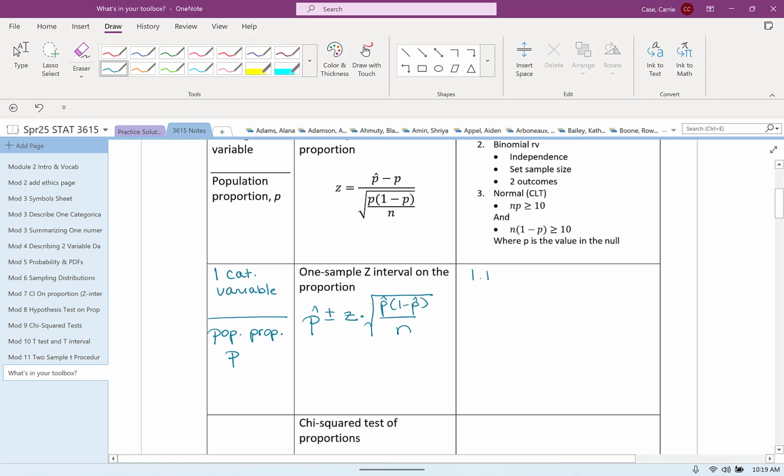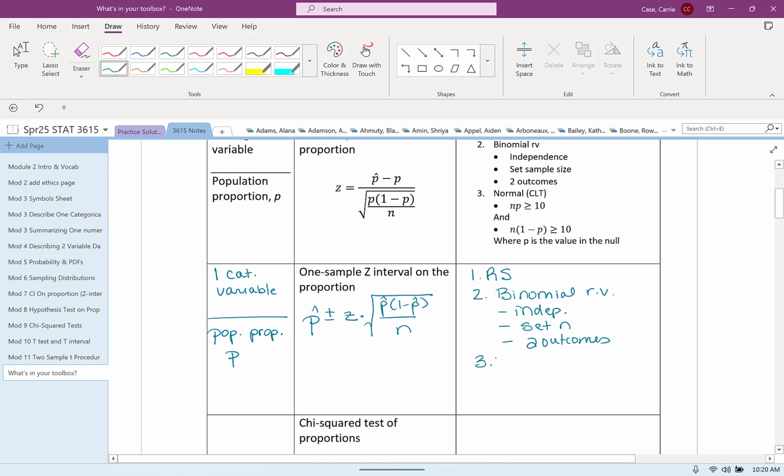We have a random sample of our categorical data. We do still have to have a binomial random variable, and that means that we have to show that we have independent trials. We have to have a set sample size, N, and we have to have two outcomes.